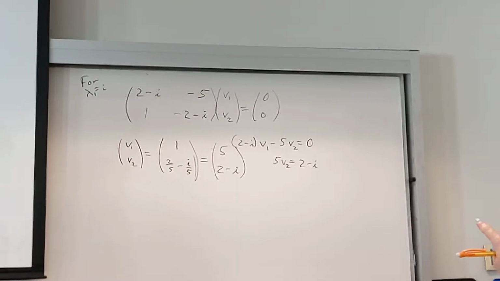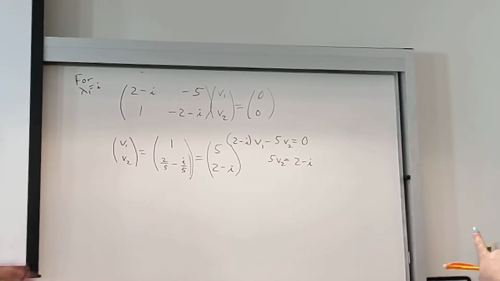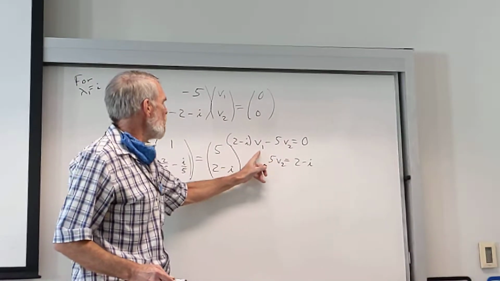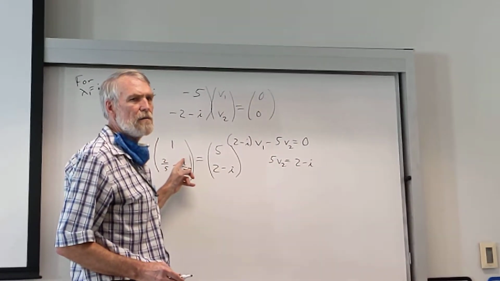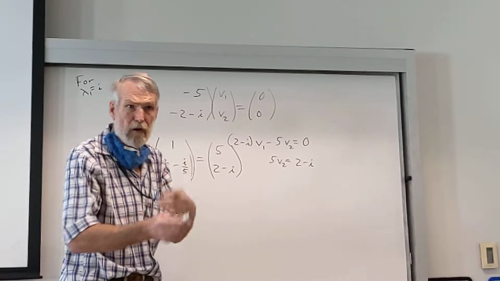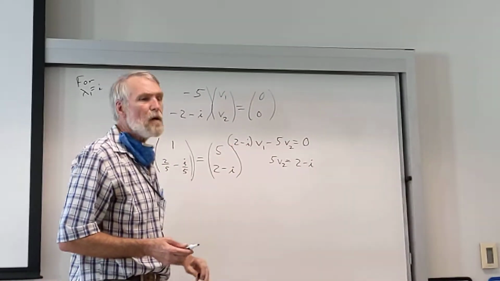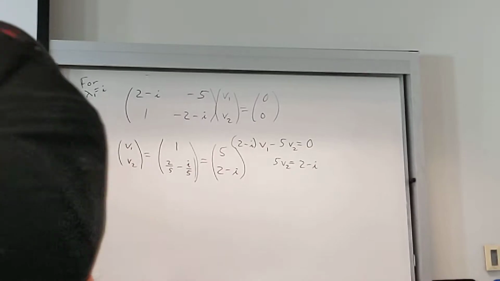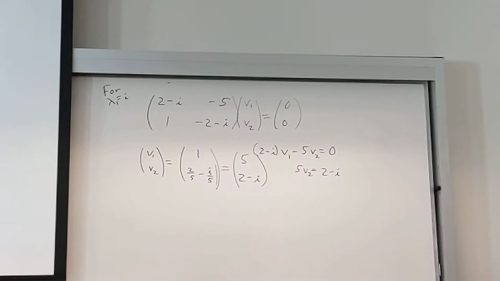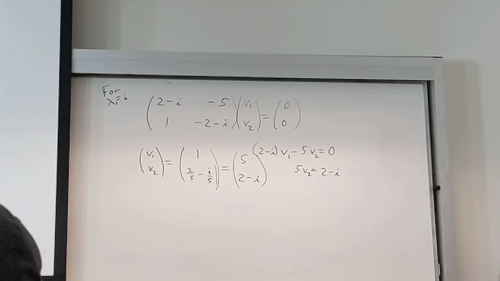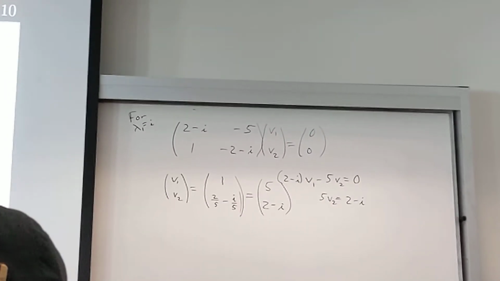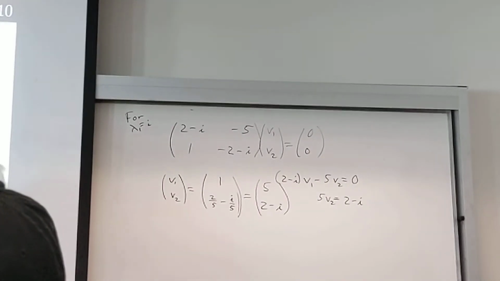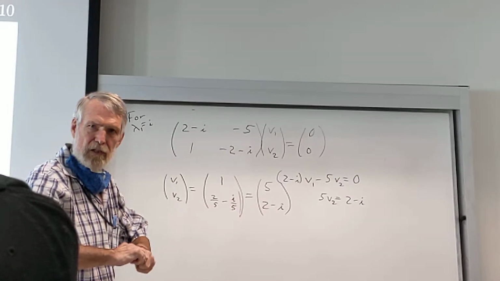I get the 2 minus i V1 minus 5 V2, but then how did you get the rest? So solving this, if we take V1 to be 1, because we can arbitrarily choose it, then what must V2 be? It must be that. That's a nice thing about solving these two-dimensional ones. Oh, I chose a different one than the notes. It's not going to matter. We'll work with this one, so it's going to be different than the one in the notes.